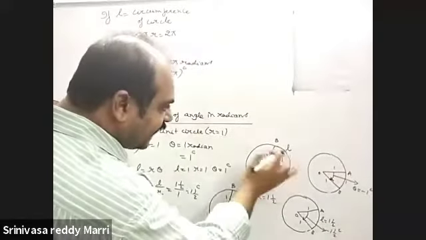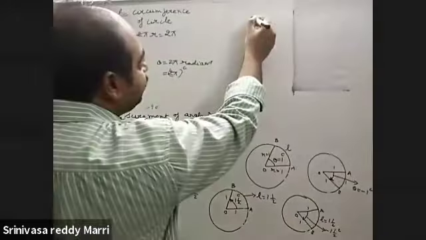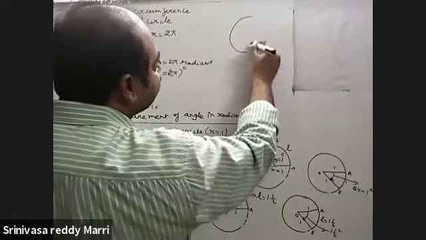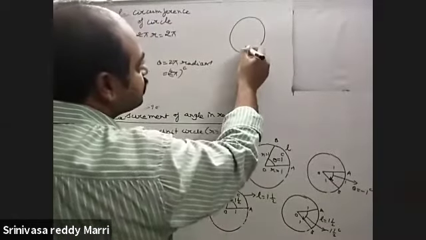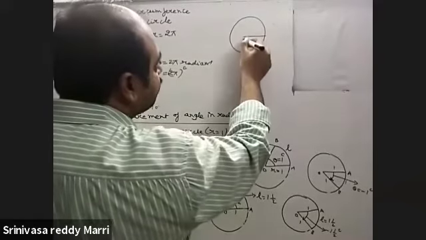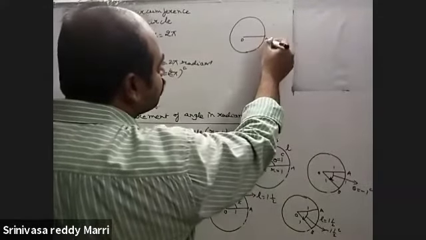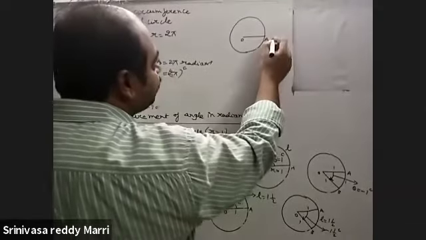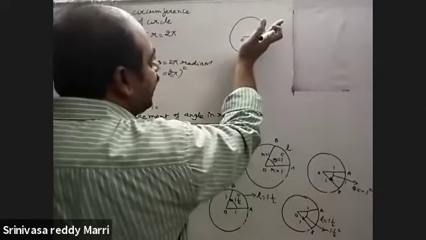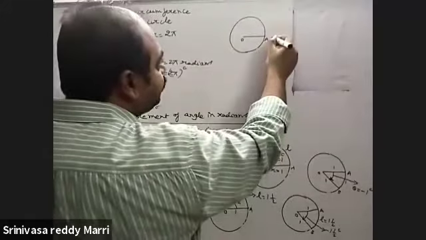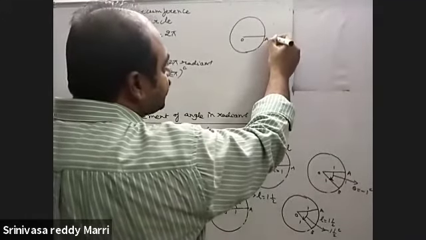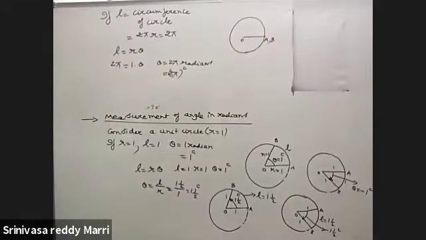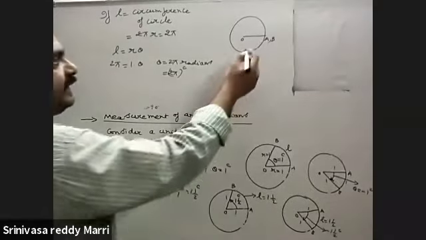That means if this arc length is the circumference, what happens? When the arc length is the circumference, look, this is OA. Circumference means this complete circle, so the angle of rotation will be one complete rotation. The terminal ray will coincide with this one.